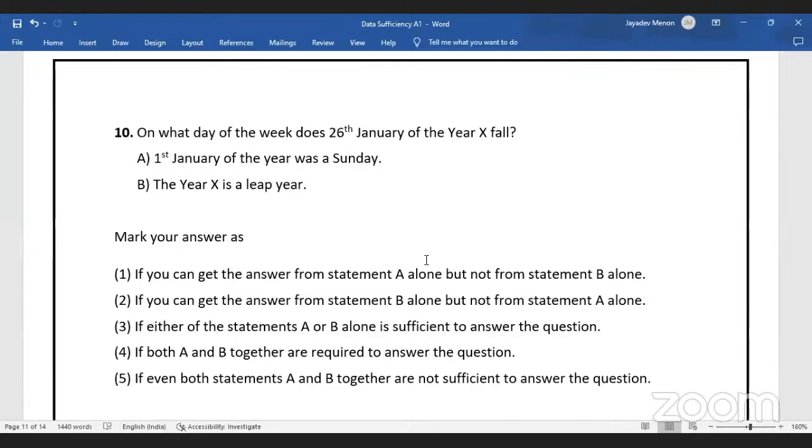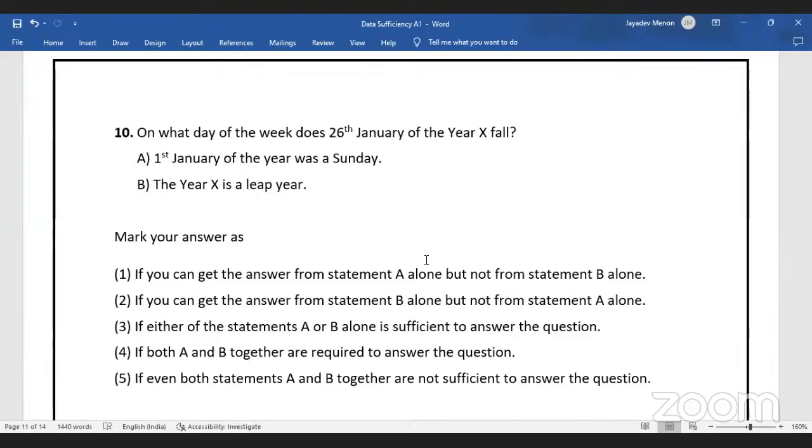On what day of the week does 26th January of the year X fall? Statement A says 1st January of the year is Sunday. If 1st January is Sunday, then 8th January will be Sunday, 15th January will be Sunday, 22nd January will be Sunday. So 26th January will be Thursday.